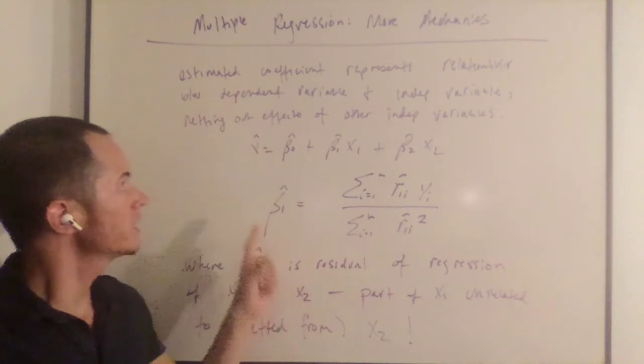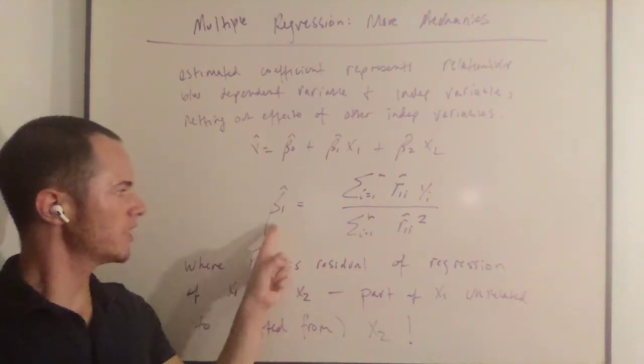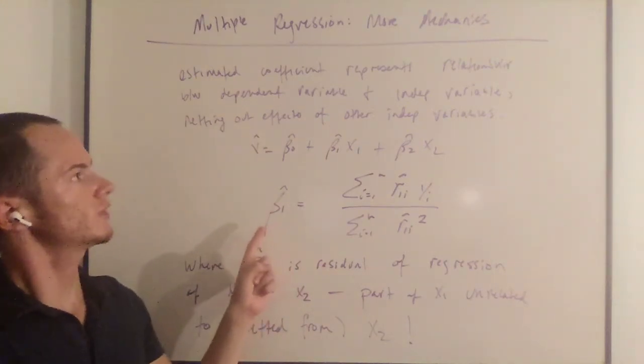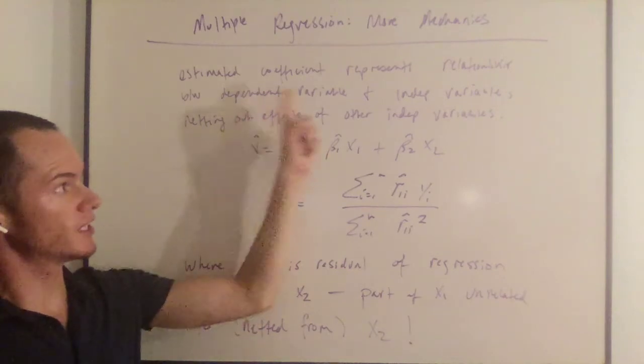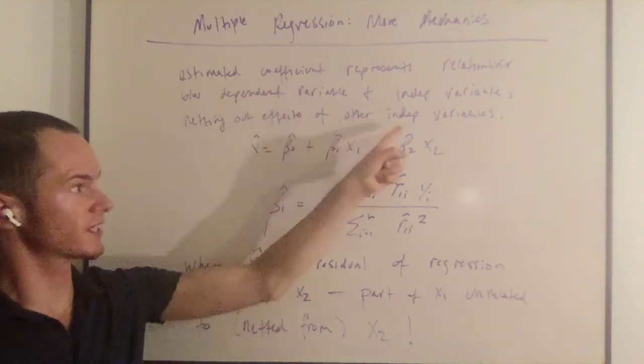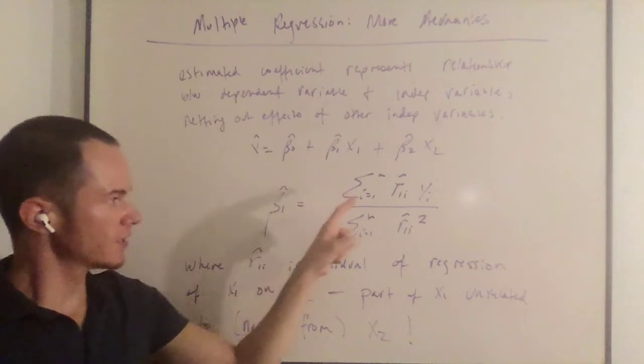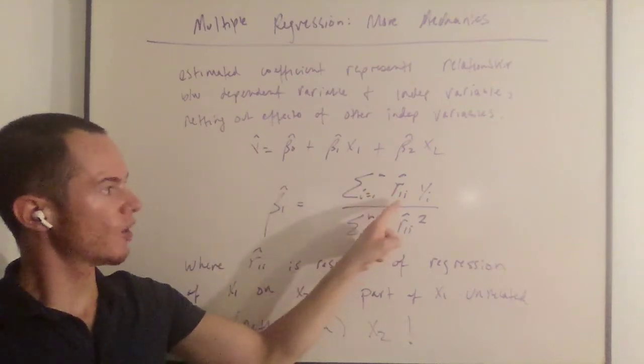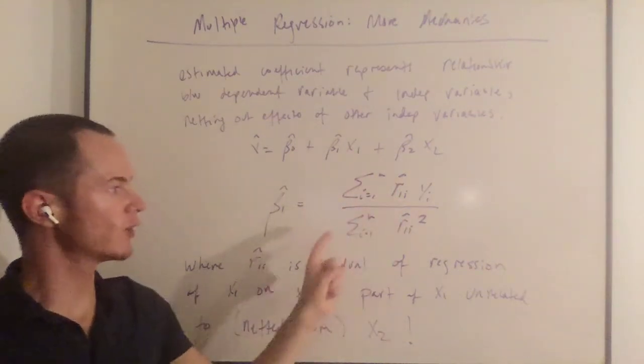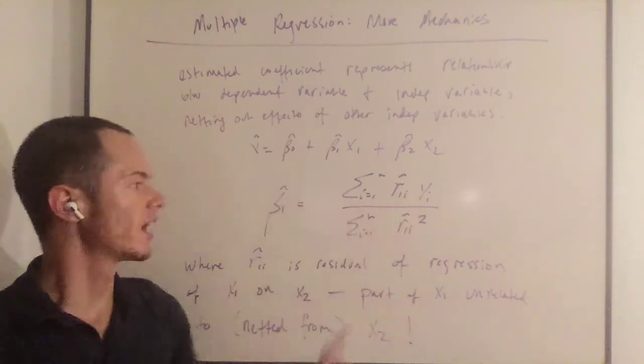And as we just discussed, beta 1 hat represents this relationship between the dependent variable and independent variables, netting out the effects of the other independent variables. So this is the sum from i equals 1 to n of r1i hat times yi all over the sum from i equals 1 to n of r1i hat squared.